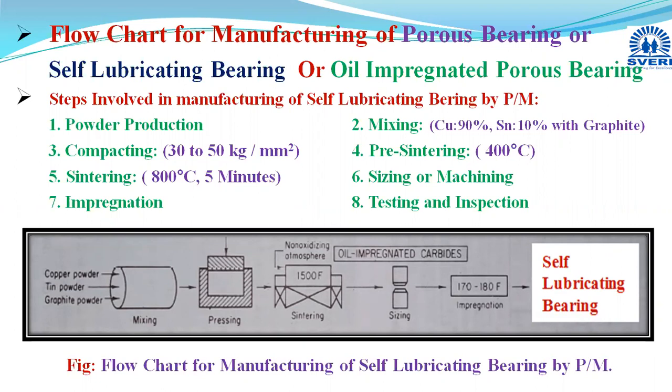Then the second effect of compacting is, here some addition will occur, addition or some bonding, or you can say some welding will take place between the powder particles. Means this copper and tin particles, or copper and copper particles, they will form a bond. Okay, or addition will occur due to the pressing. And the strength of that component will get improved.